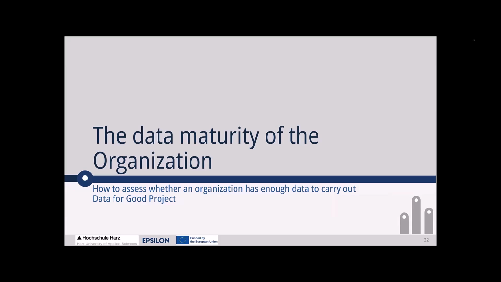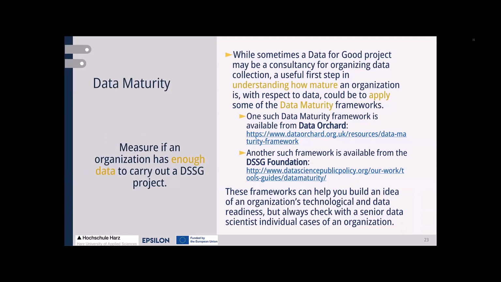And in the next slides, we try to provide some support in order to identify the data maturity of the beneficiary. So what we do here is we measure the organization in terms of data availability, and you can assess the data maturity of the organization in order to identify the probability of a successful project.